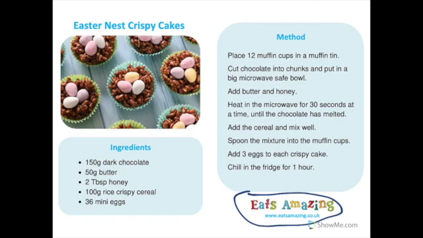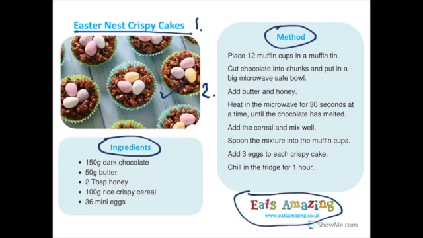Well, it has a heading, which you can see there on the top. So that's number 1, and we're very happy. It has a picture, so we know what we are going to make. So that's number 2. It has subheadings, which are ingredients and method. So it has number 3.